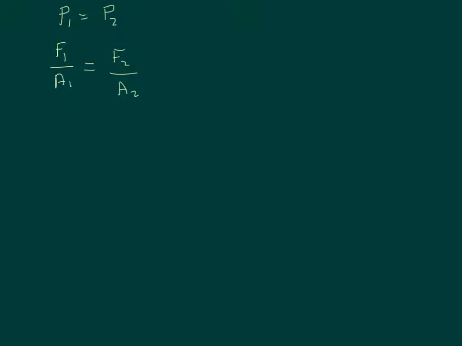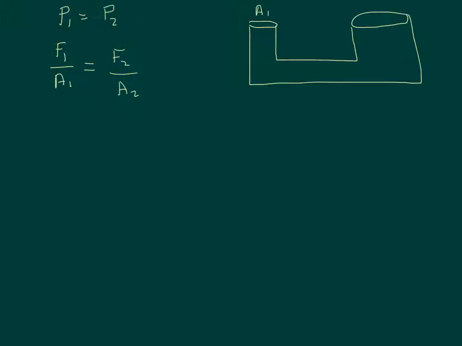Now let's design the reservoir a little differently. Let's make this pipe quite a bit smaller than this pipe and connect them by a fluid in between, so that this is area 1, much smaller than area 2. But Pascal's principle says that the fluid in between them will transmit and make the pressure the same.